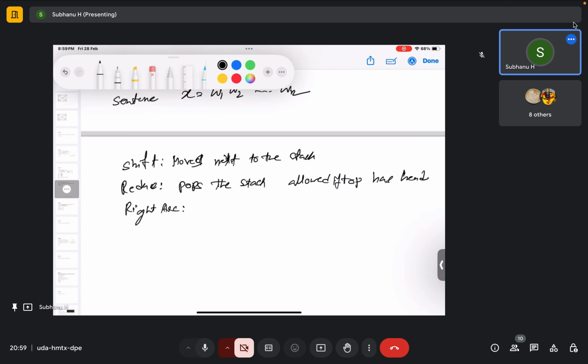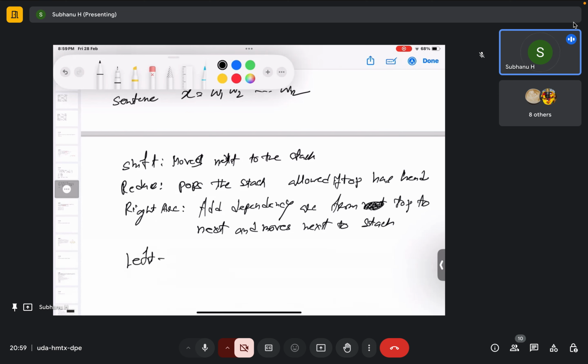Right arc adds a dependency arc from top to next and moves next onto the stack.